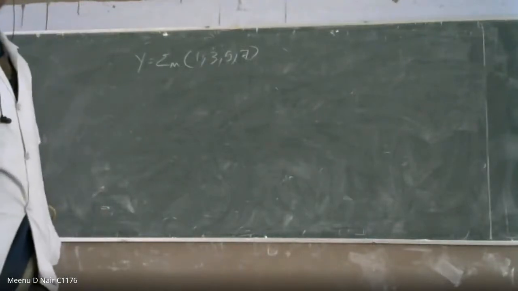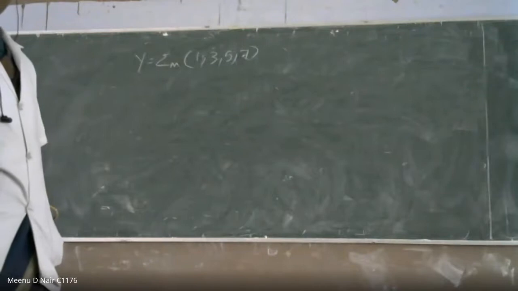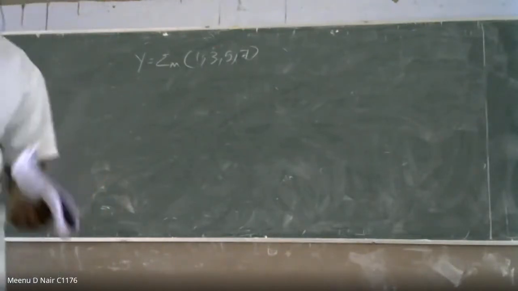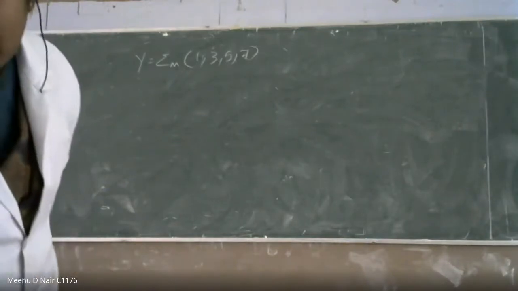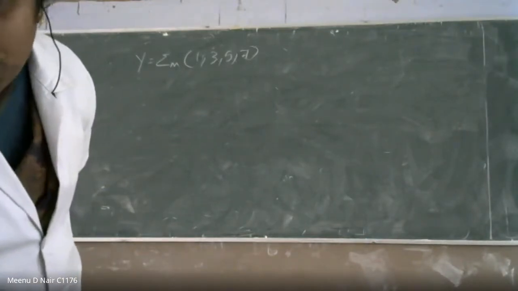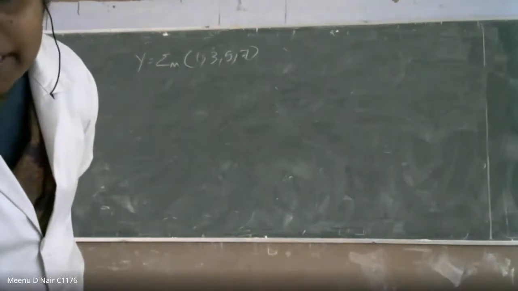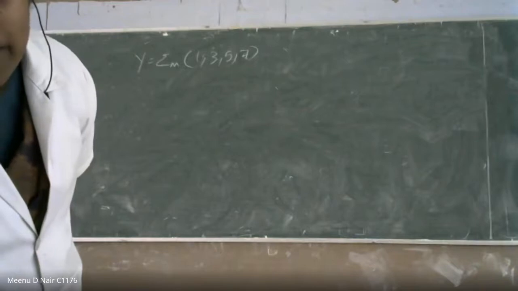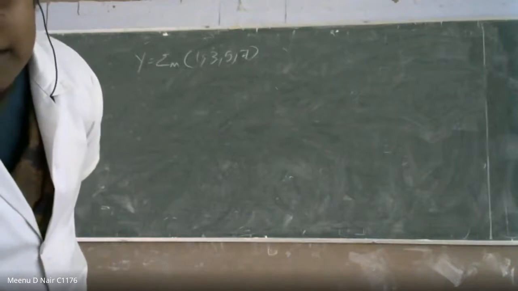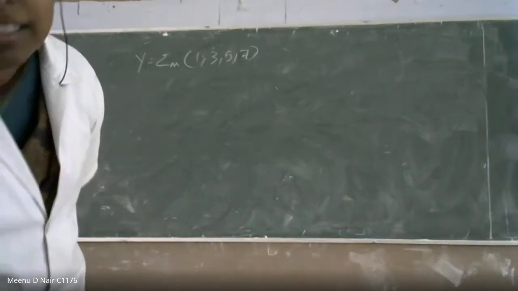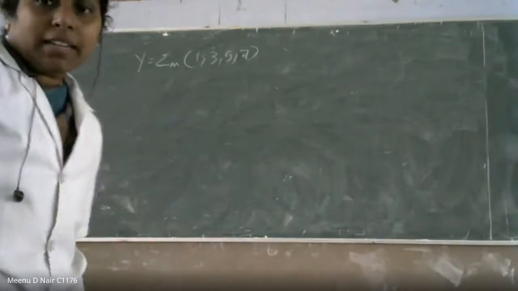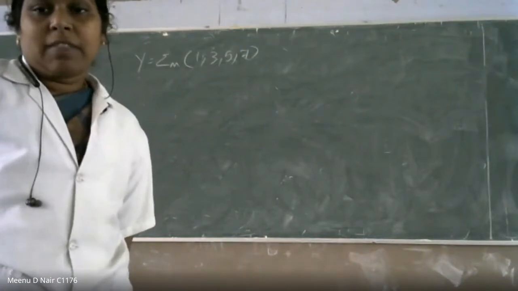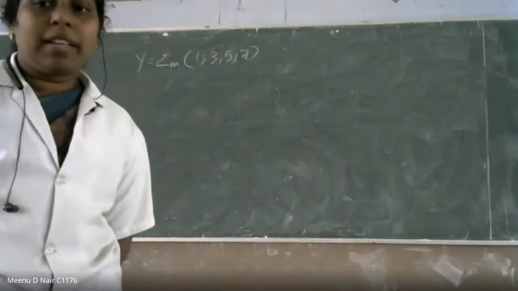How to do this problem? For 1, 3, 5, 7, how many variables are there? 7 is the maximum number, right? So how many variables will be there?